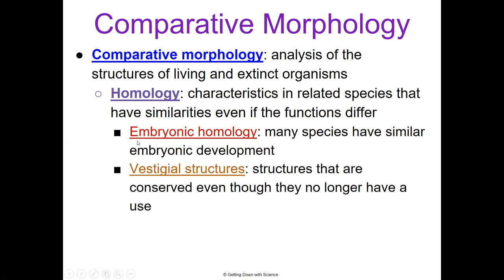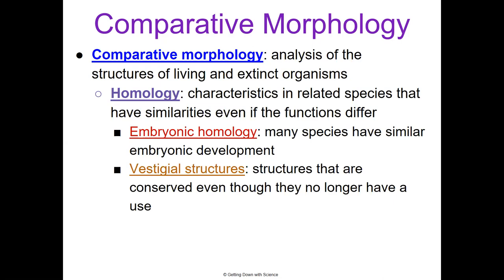We also have, within this concept of homology, vestigial structures. These are structures that we still have within our system, but they really don't have a use anymore. Sometimes we'll look at this and compare it to other organisms that we think there may be a relationship to, and they may have the structure and have a use for it.